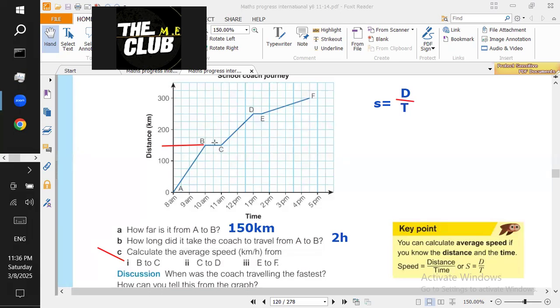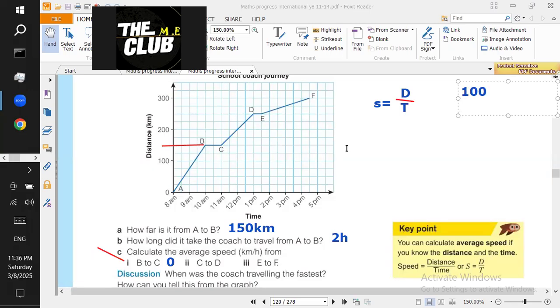It didn't, which means the speed is zero. Then C to D: first you find the distance. 150 became 250, so the distance is 100 kilometers.